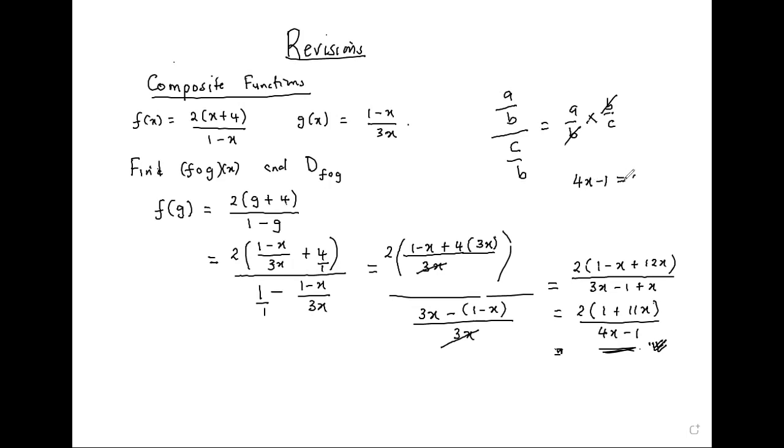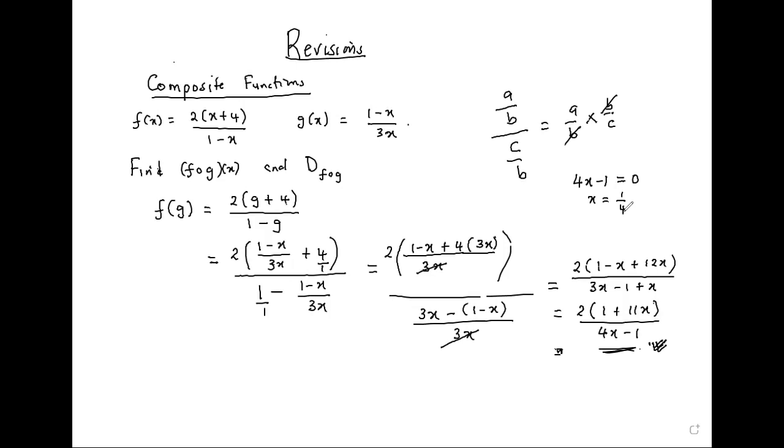You equate it to 0 and solve for x. So we'll get that x is equal to 1 over 4. So if we allow x to be 1 over 4, the denominator is going to be 0. If the denominator is 0, then we'll have the whole function undefined. So we don't want the function undefined.